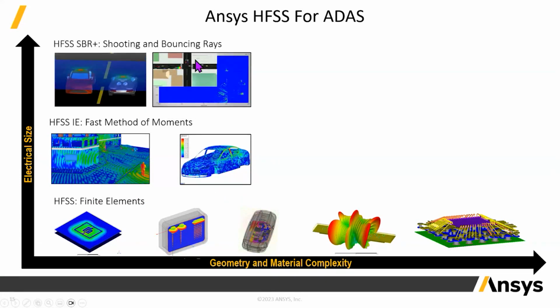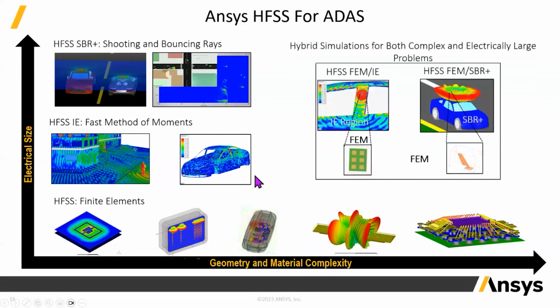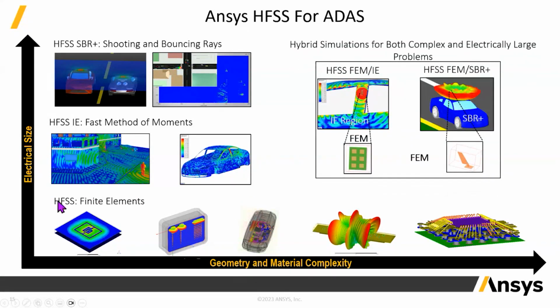If you really want to simulate a city where vehicles are moving here and there, and you want to see the coupling and connectivity, you can use the shooting and bouncing ray solver. So it is a combination of multiple solvers in a single GUI, and it can even do hybrid simulation. That means a part of the body can be simulated with the finite element method, and the remaining portion can be simulated with a different solver. It can be an integral equation solver or an SBR solver.